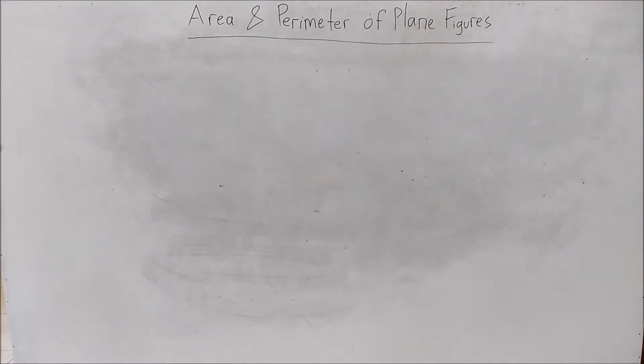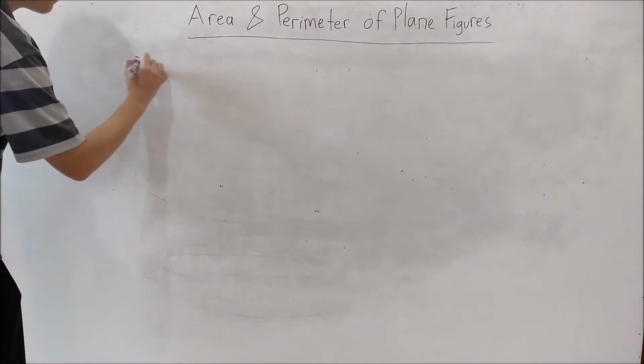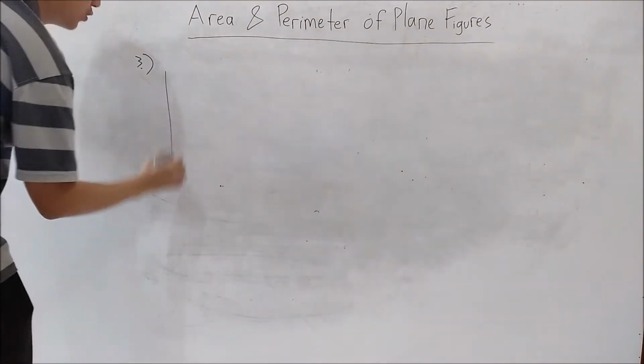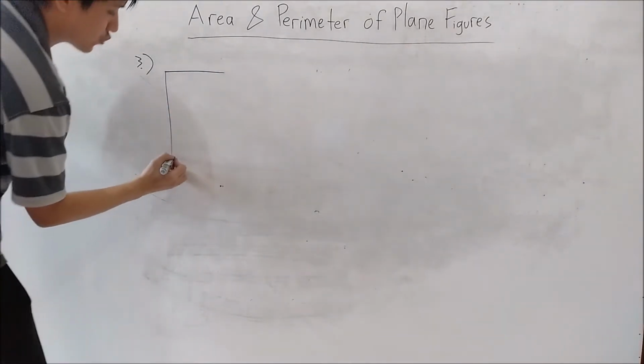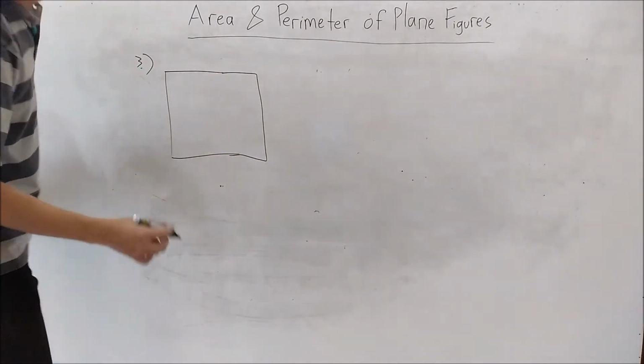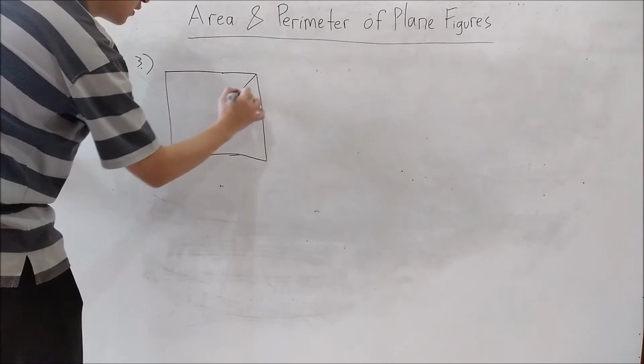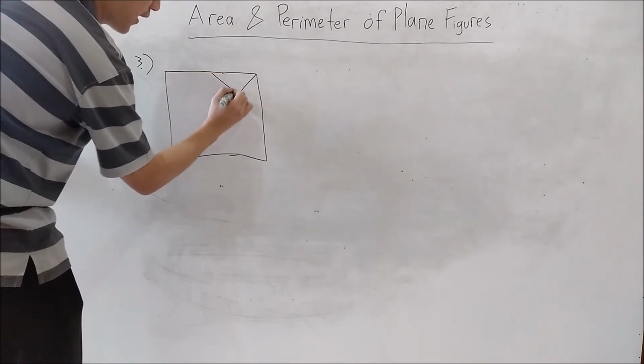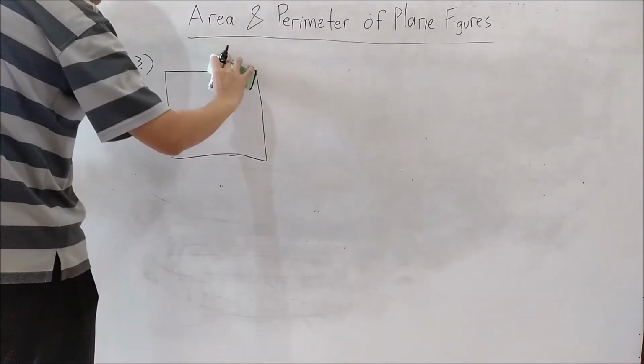So, to help us, we will try to draw the picture. I will try to draw it as best as I can. And then this triangle is cut from there.